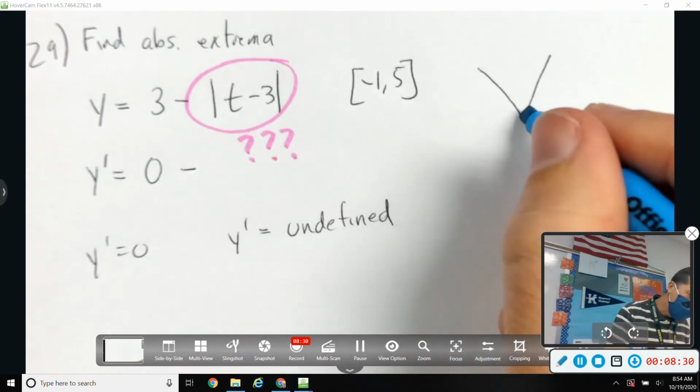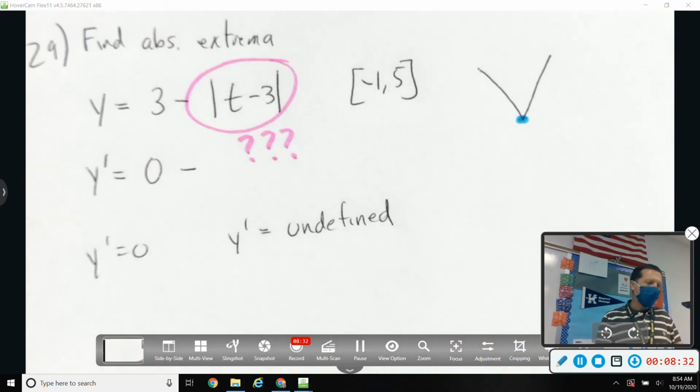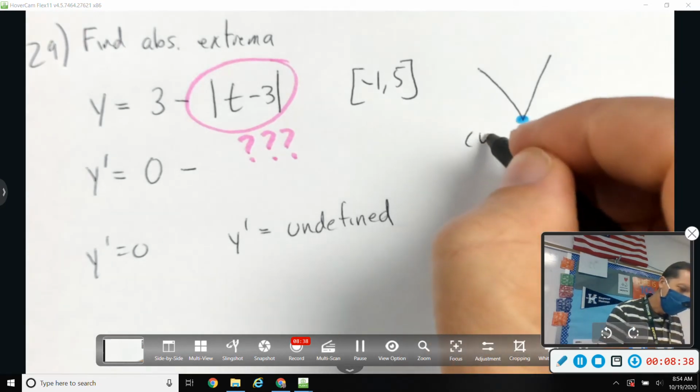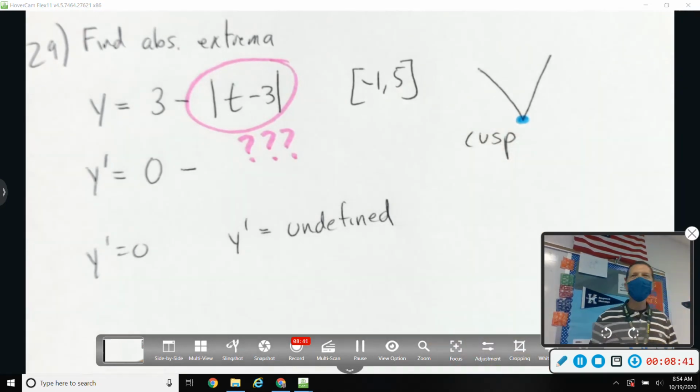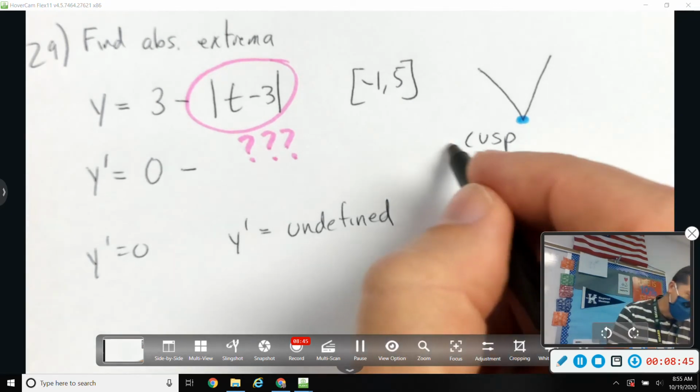Well, what's going on at the V? What's our calculus fancy word for that? A cusp. And why do we care about a cusp? You can't take a derivative there.